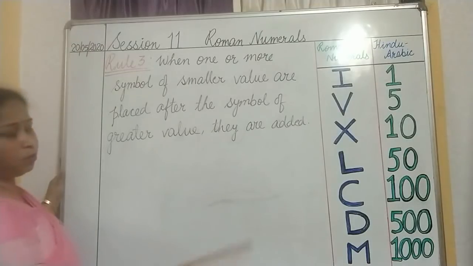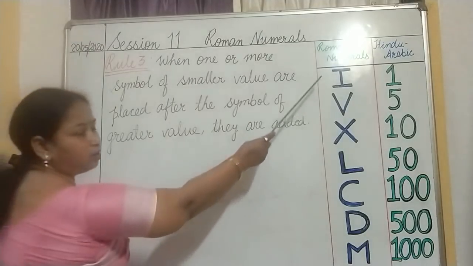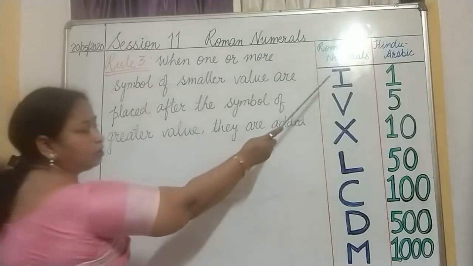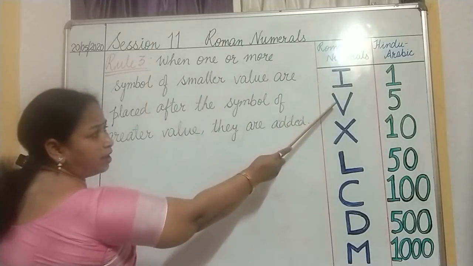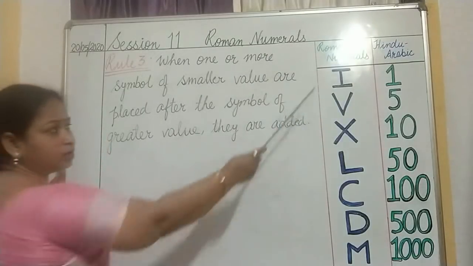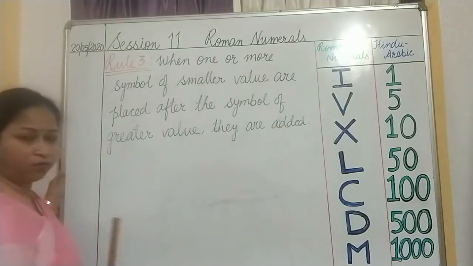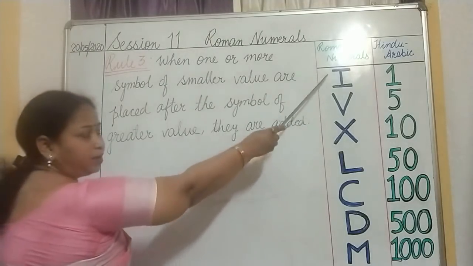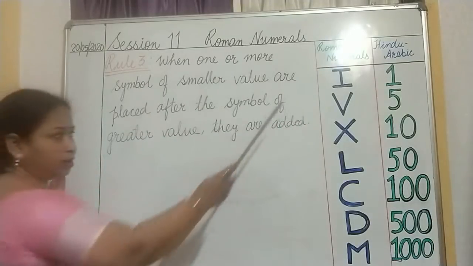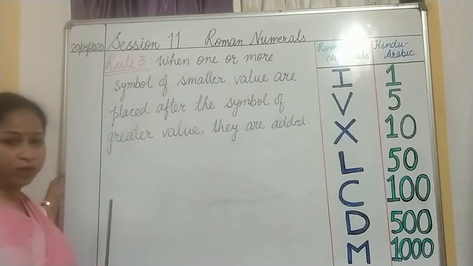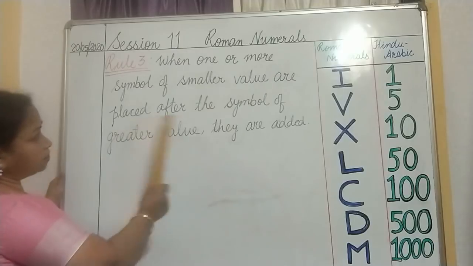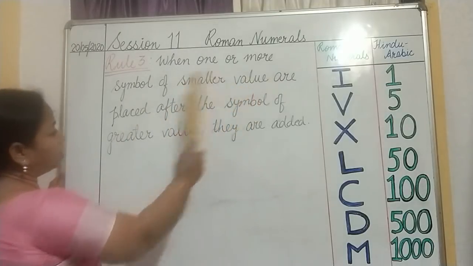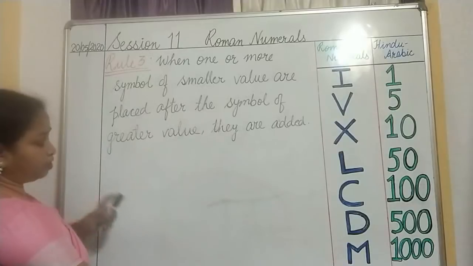Suppose I compare I and V. I stands for 1, V stands for 5. Now, if I compare this, which one is smaller? Of course, I is smaller than V.